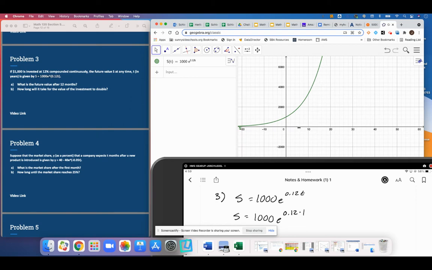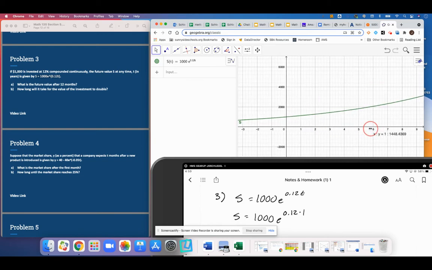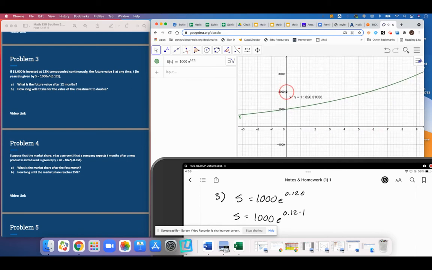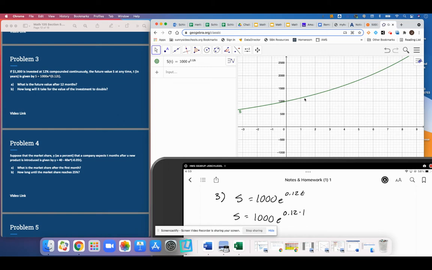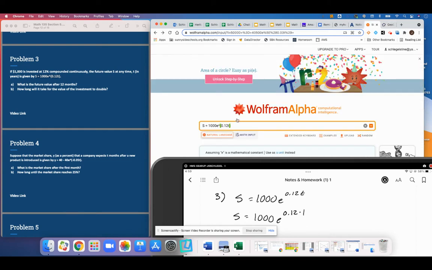So we would want to invest that amount for at least 15 years and watch it grow like crazy. The first question is after 12 months; I'm going to guess that's about $1,150. And then how long will it take for the investment to double to reach 2,000? I would guess about 5.75 years, based on the graph there.